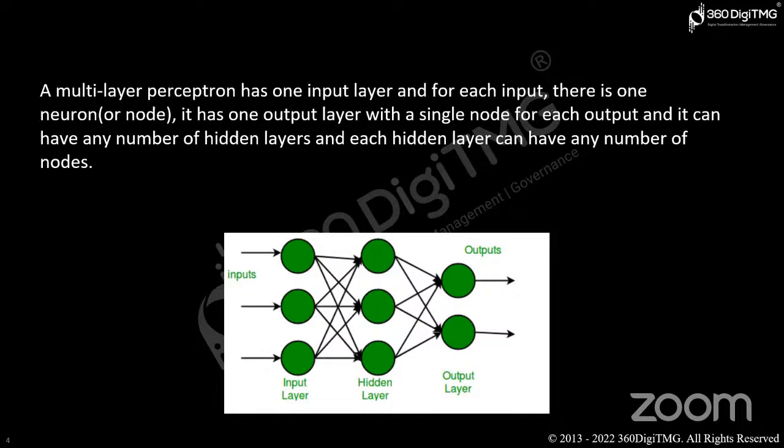Whenever we take the data, the data point is loaded through the inputs, processed through the hidden layer, and goes to the output. Here we can define epochs. Epochs is the number of times we train the model. If we write epochs equal to 15, it will train 15 times.